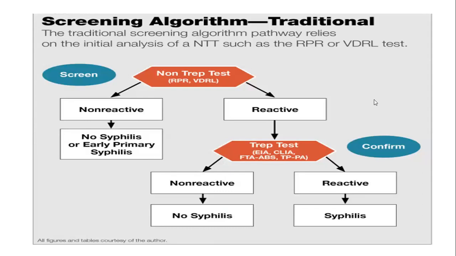Screening algorithm, traditional. Okay. First of all, we use, of course, a non-treponemic test. It's a screening reaction, meaning a lot of people every day are tested with this test.